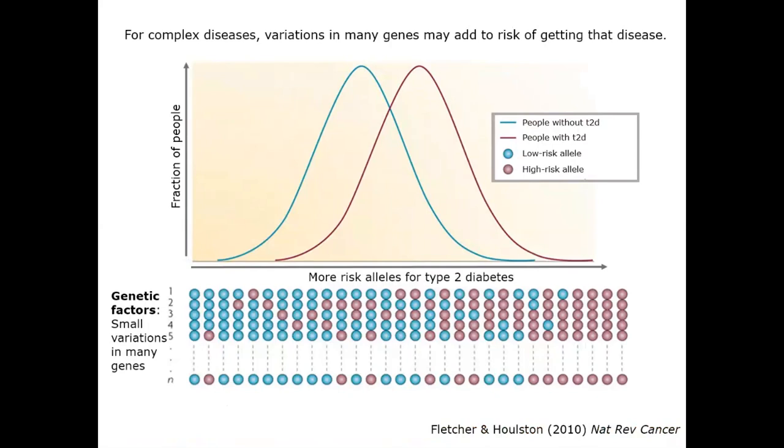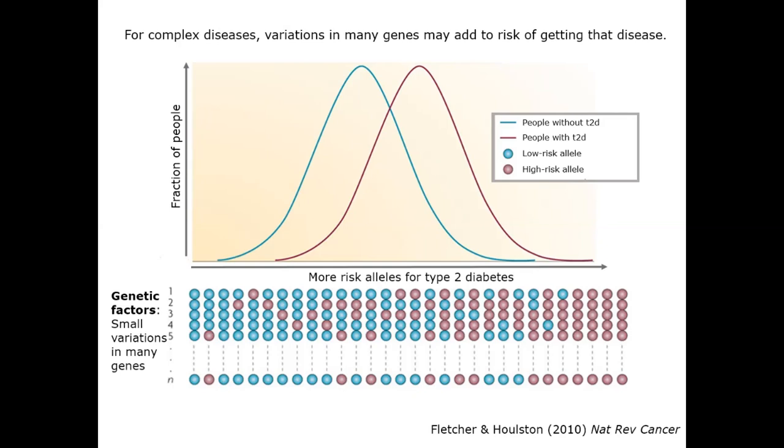And so we're trying to build an idea that for complex diseases, it's a variation in many, many, many genes that add or subtract to the risk of getting that condition. So the more risk alleles you might have for a condition, the higher the chance you're going to get that, but it's not a yes or no thing. It's along a curve, it's along a distribution curve.